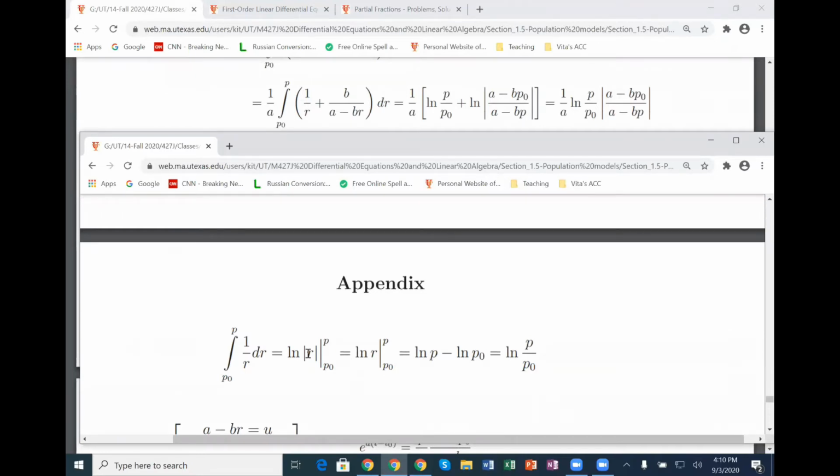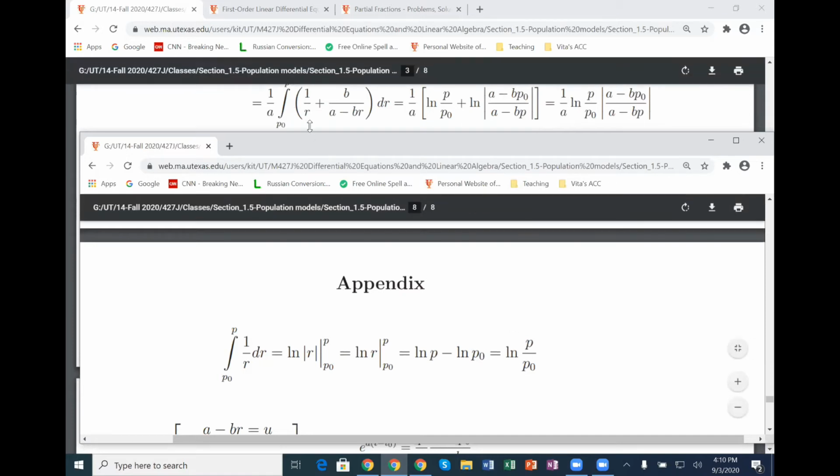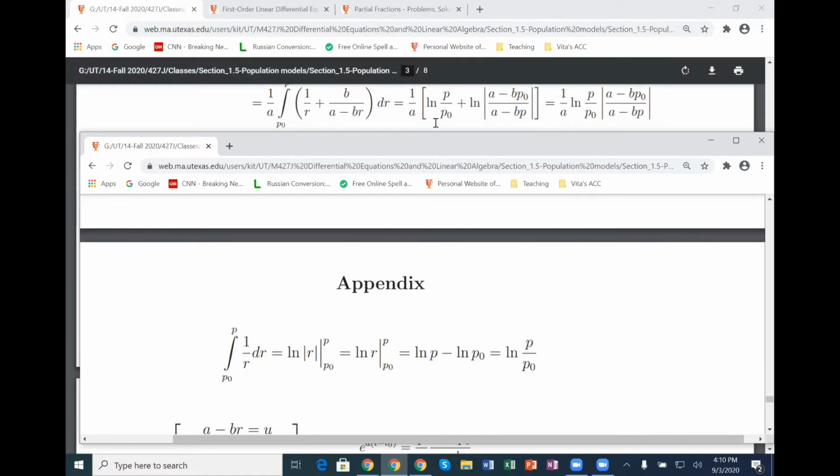Population cannot be negative. So we remove absolute value, it's just ln of r. Then we plug in p, we plug in p0, find the difference, and we know that the difference of logarithms is logarithm of the quotient. It's exactly how we jump from here to here.